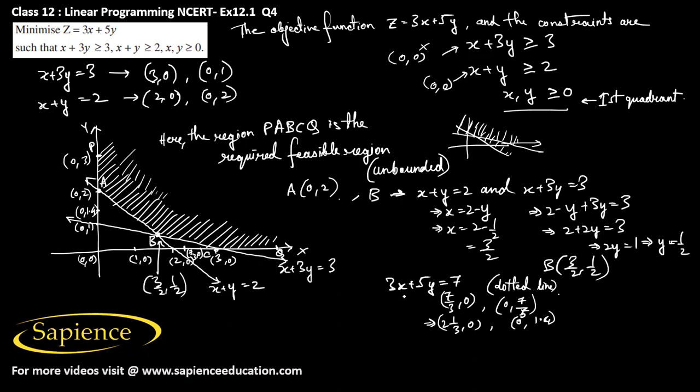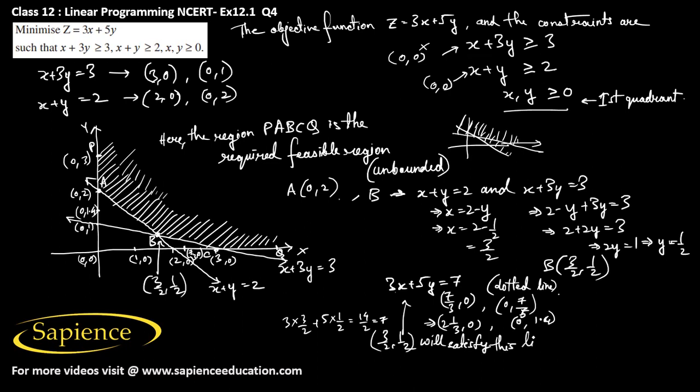And at the point (3/2, 1/2), if we put it here, then 3 into 3/2 plus 5 into 1/2 will be 9/2 plus 5/2, that is 14/2, that is 7. So it means that (3/2, 1/2) will satisfy this line.